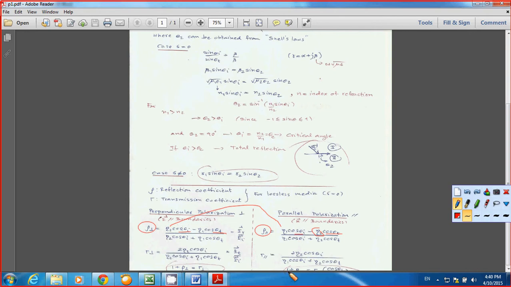It becomes 1 plus rho parallel equal to tau parallel, but you still have to multiply by cosine theta t over cosine theta I. Okay, so what I was missing here is cosine theta t over cosine theta I. And you know that when you know theta I, you can calculate theta t simply by using Snell's law, right? N1 sine theta I equal to N2 sine theta t.